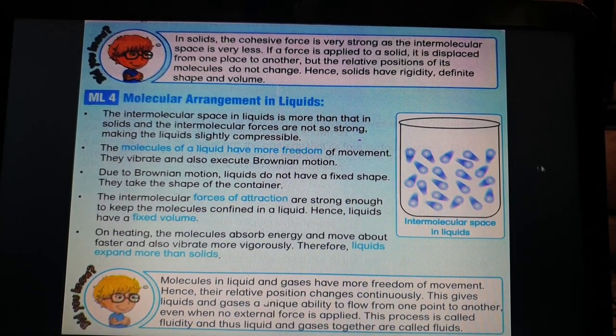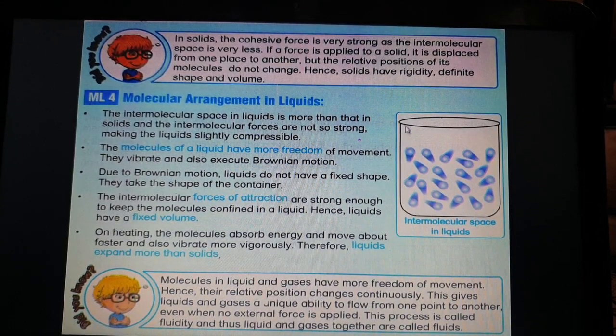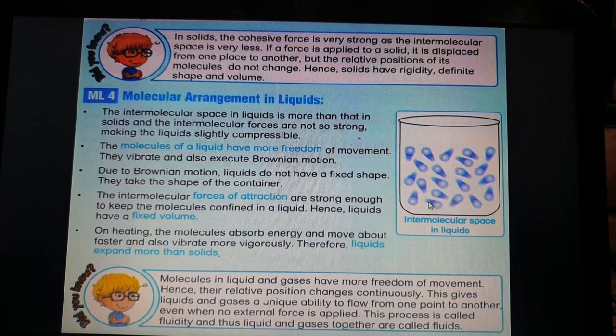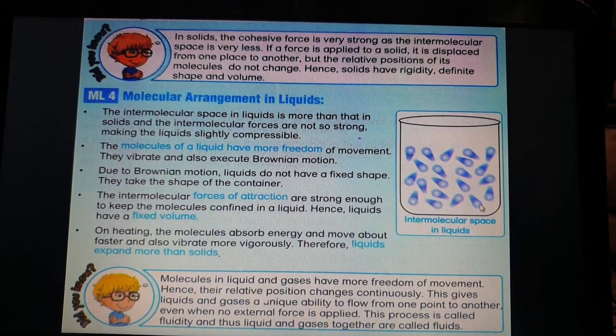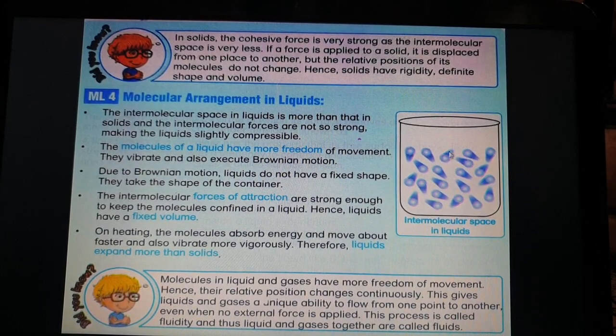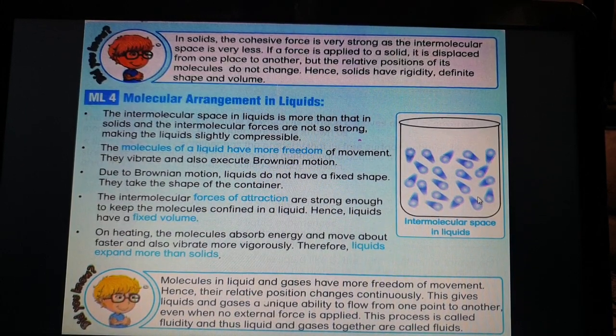If I keep on heating a solid material, some materials will not melt, whereas some materials will melt. Now the force between these molecules is less compared to before heating. If I start heating, the molecules will gain more energy and start moving at a high speed.